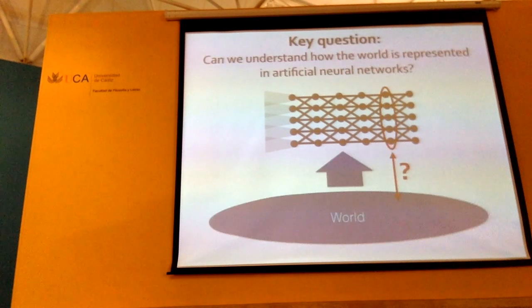And so for me as a computational neuroscientist, this is also like an acid test. Are we able at least to understand these technological neural networks for which we have the full wiring diagram, for which we can record from all neurons simultaneously?